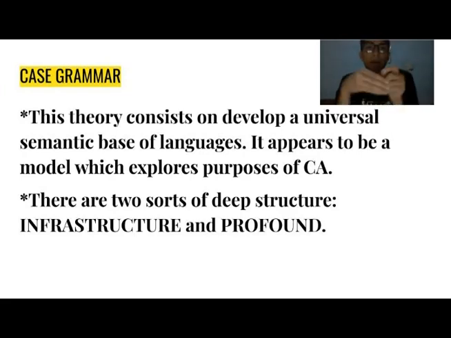Case grammar is a theory that was developed by Fillmore and consists of a universal semantic base of languages. This theory proposes that the profound deep structure of any sentence in any language must have the same form.